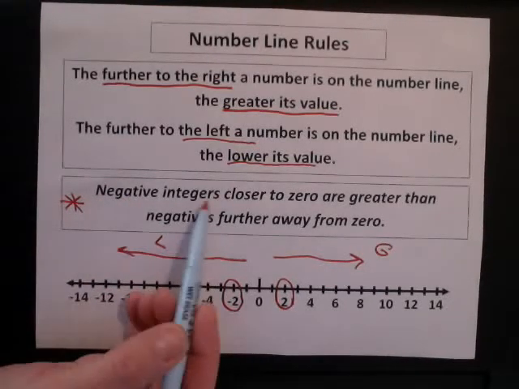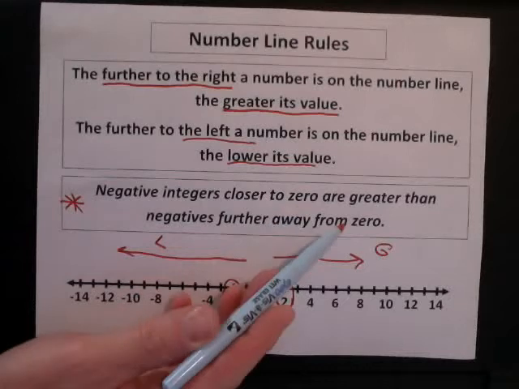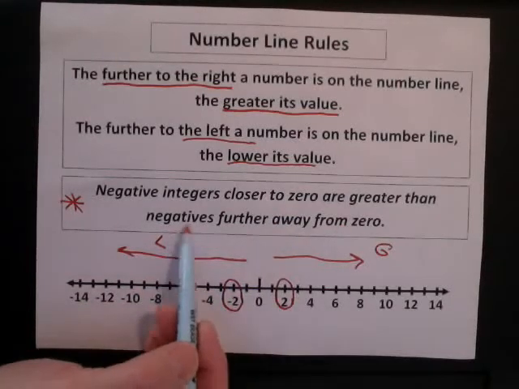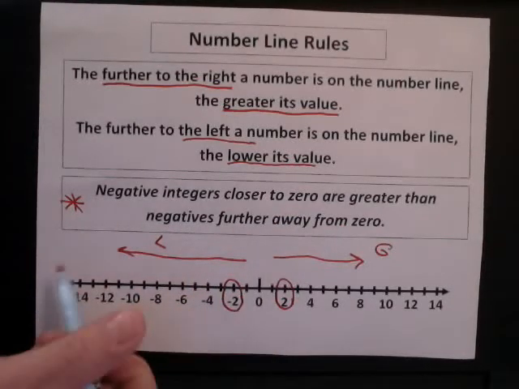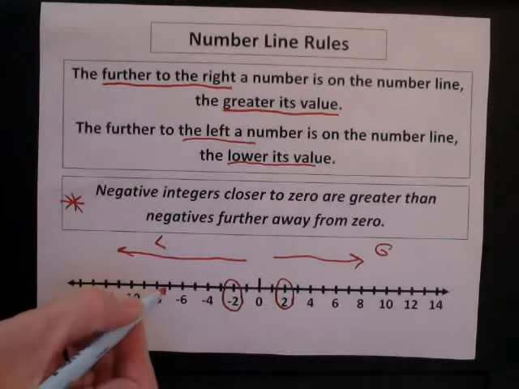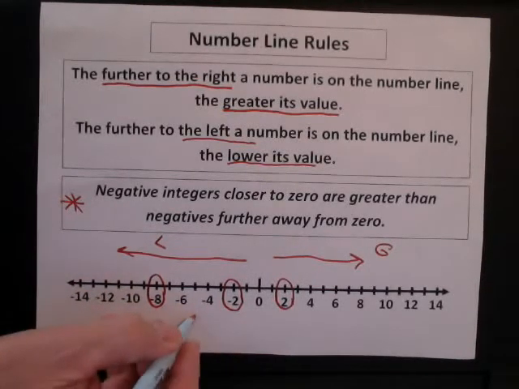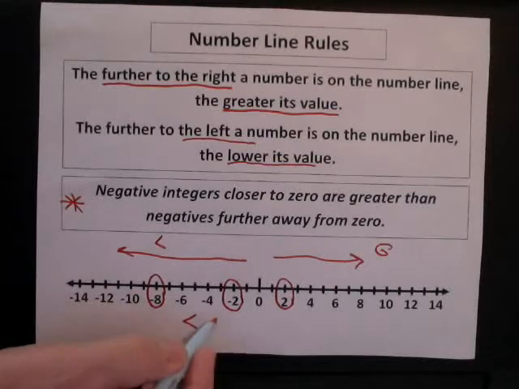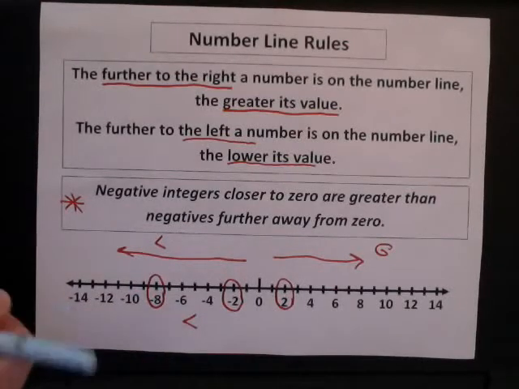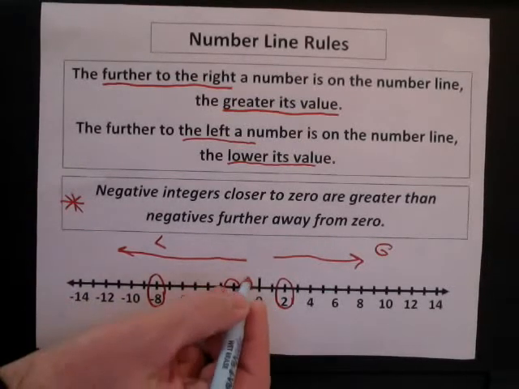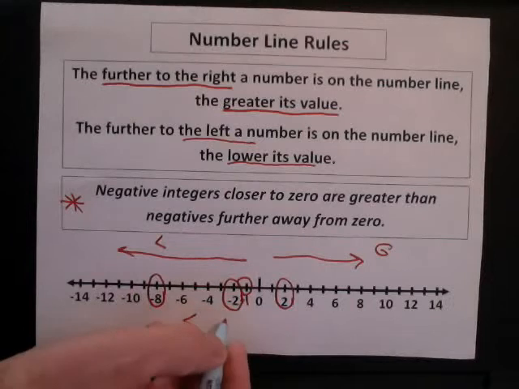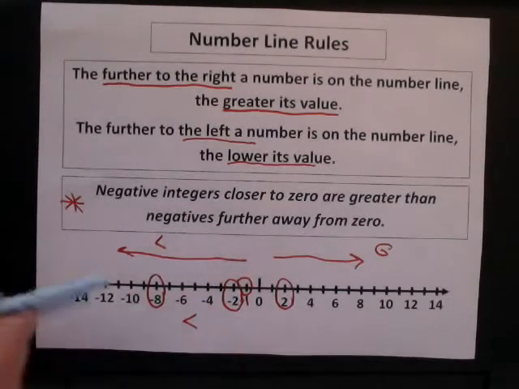Negative integers closer to 0 are greater than negatives further away from 0. So, in other words, if you compare negative 8 and negative 2, negative 8 is less than negative 2. But negative 1 would be greater than negative 2.